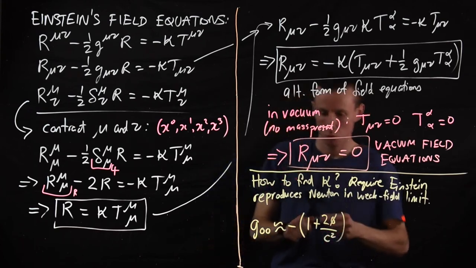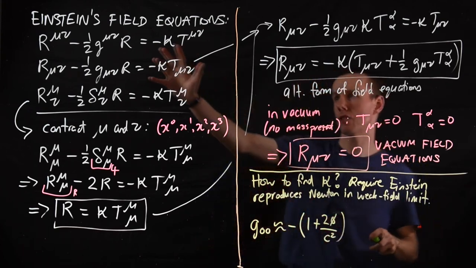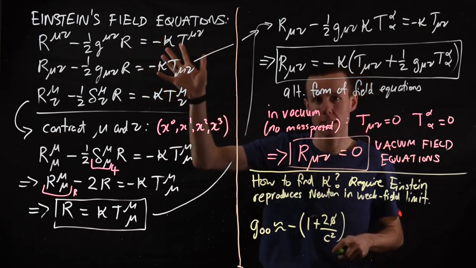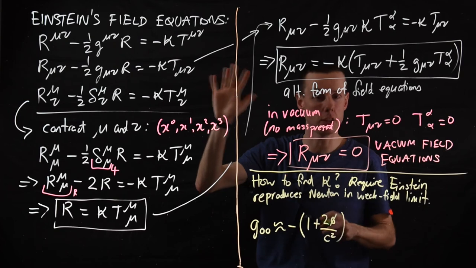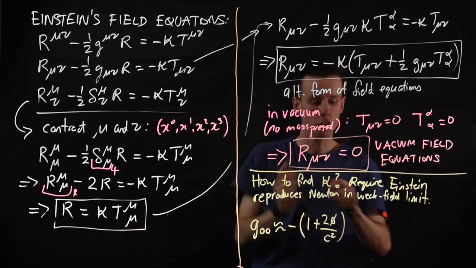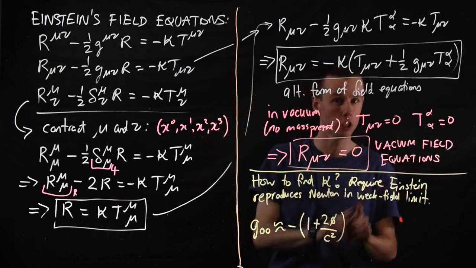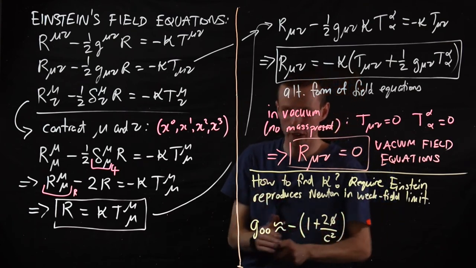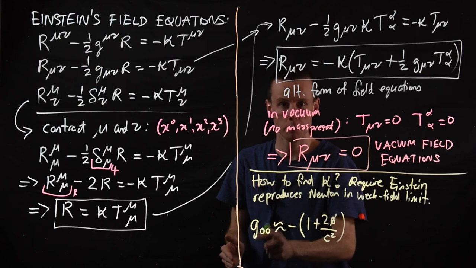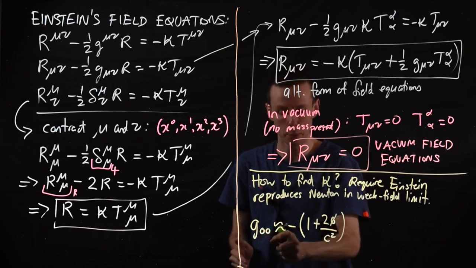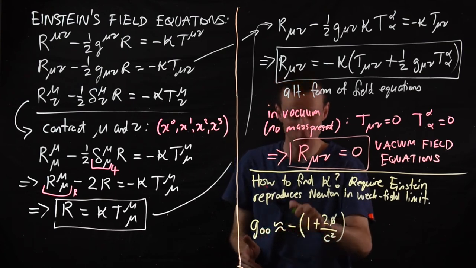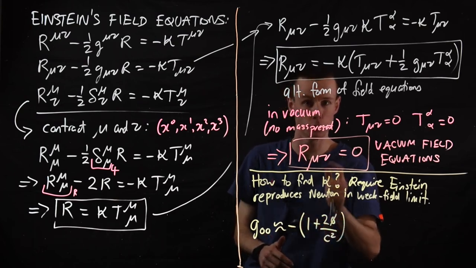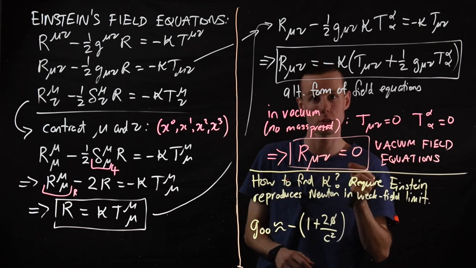Remember what we're doing in Einstein's field equations. We're trying to solve them for the metric tensor, for the 10 independent components of the metric tensor. Now, when you take this weak field approximation, so if your gravitational field is not too strong, it turns out you can find that the 0,0th component of the metric tensor is approximately minus (1 + 2φ/c²), where φ here is your Newtonian gravitational potential.